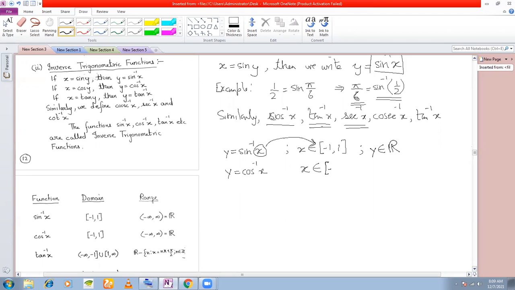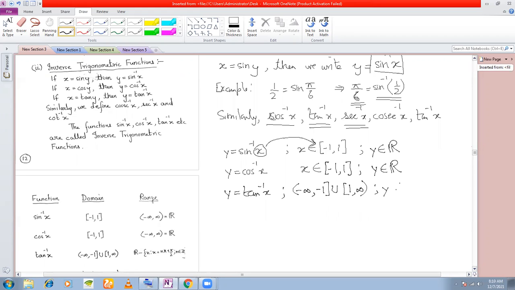Okay. And y will be a real number. Okay. For tan inverse x, we won't need tan inverse much for domain and range, but still the domain is minus infinity to infinity.